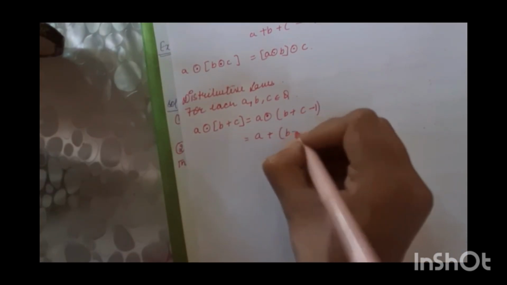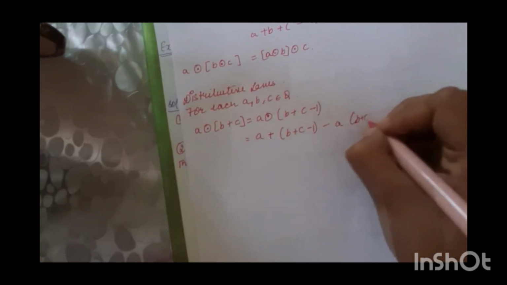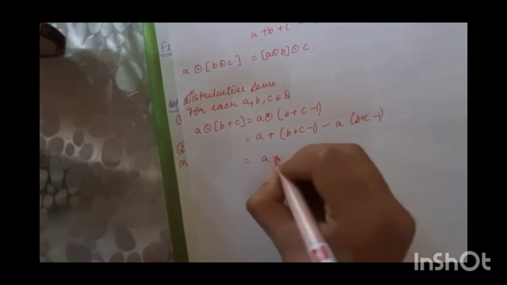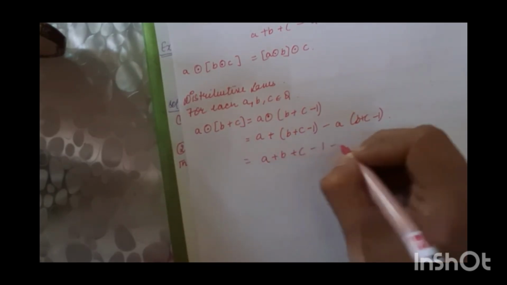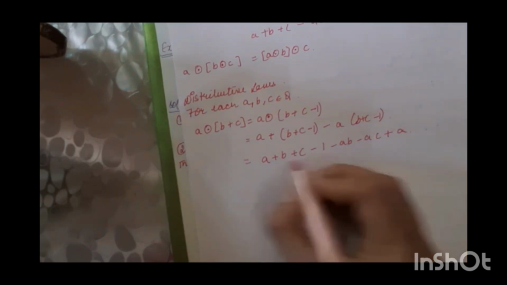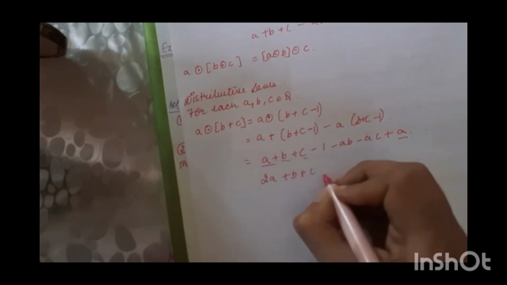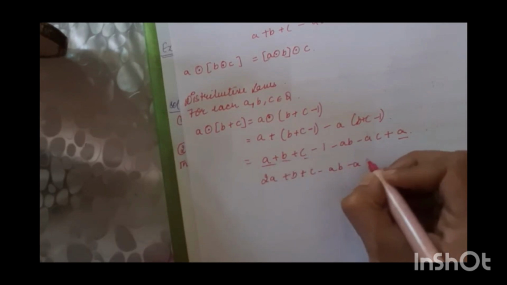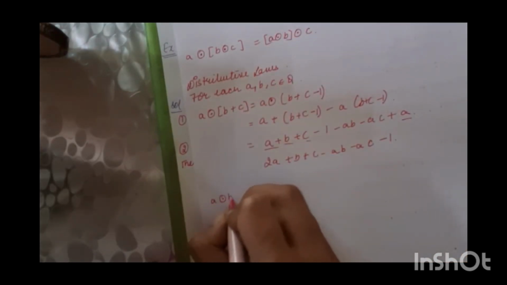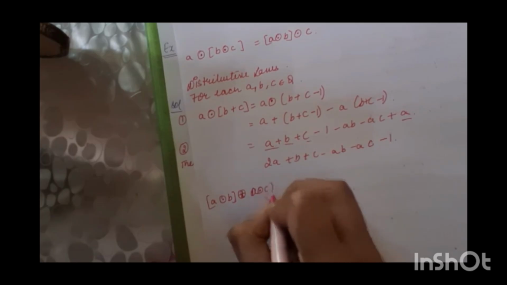So it can be written like this by the definition: A plus B plus C minus 1 minus AB minus AC and then plus A. So this A and this A is 2A. This BC, write it like this, minus AB minus AC and minus 1. Sorry, this was plus A dot C.